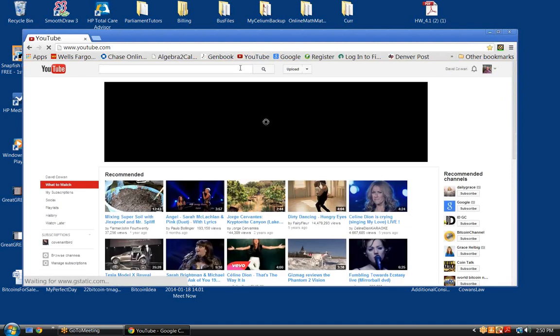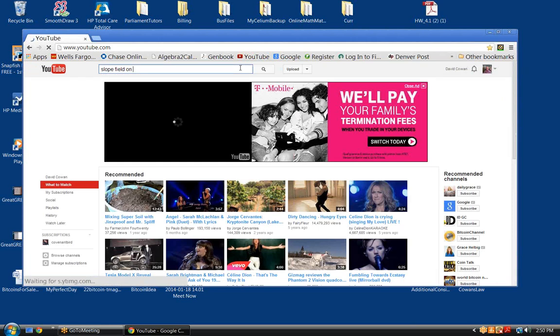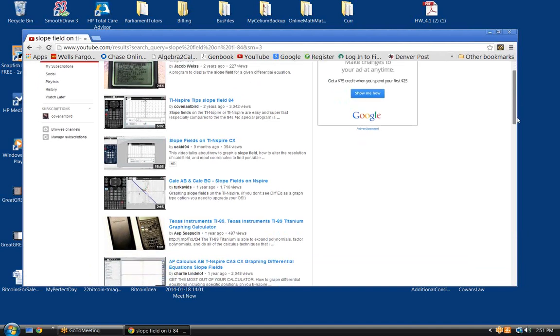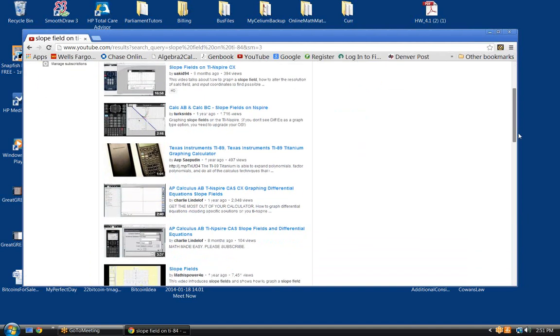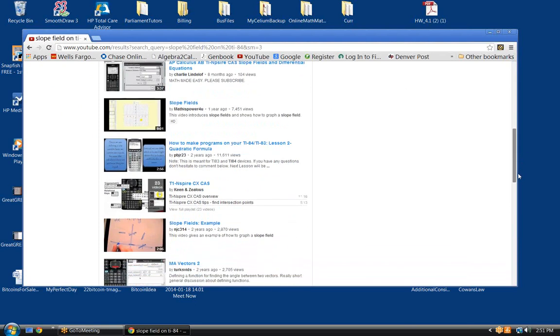You type slope field on TI-84. It's the Inspire. It's the Inspire CX. Must be one here specifically for the 84. Wow, that's really unusual. There we go, I guess.